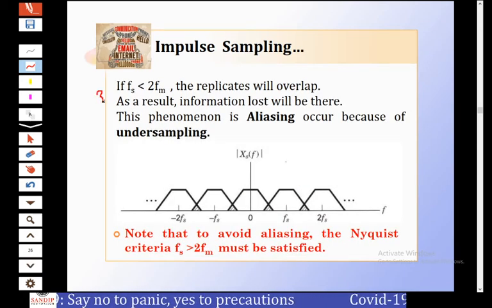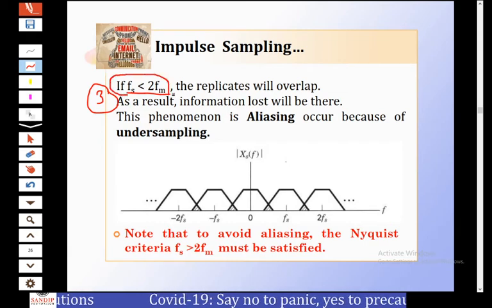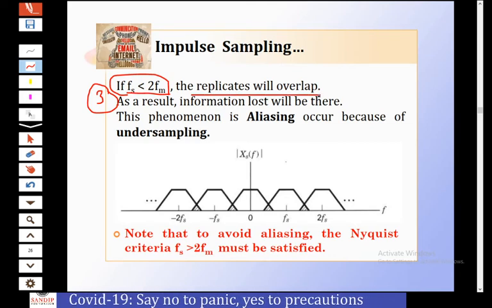Now the third case, where fs is less than 2fm. In this case the replicas, the signals, will overlap.